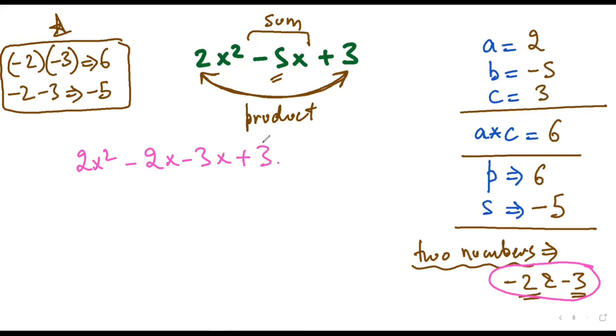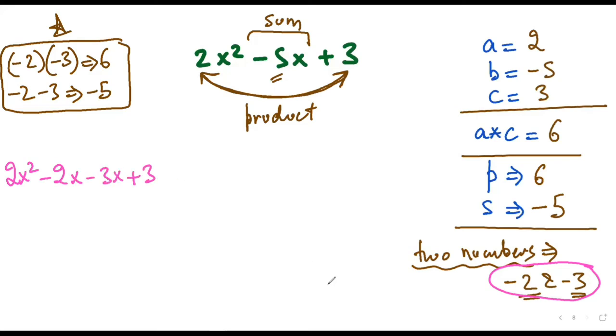No. Now Sarthak, one thing that you'll need to understand, another confusion that students face, and I'll show you that confusion. For example, I write this as 2x square minus 2x minus 3x plus 3.